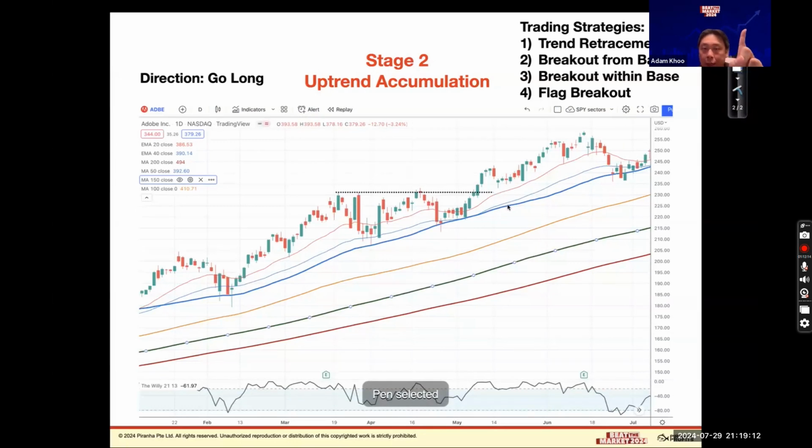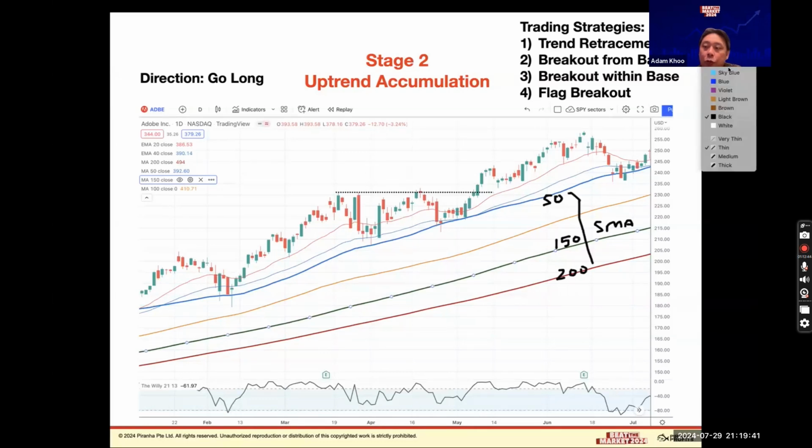Okay, so what I taught you earlier on is that the blue line, which is the 50 simple moving average, must be above the 150 green line and the 150 above the 200 red line. Remember? And all these three are simple moving averages. Okay, now I'm going to add 2 more moving averages for you today, which is this red thin line and the blue thin line. These 2 lines are exponential moving averages.